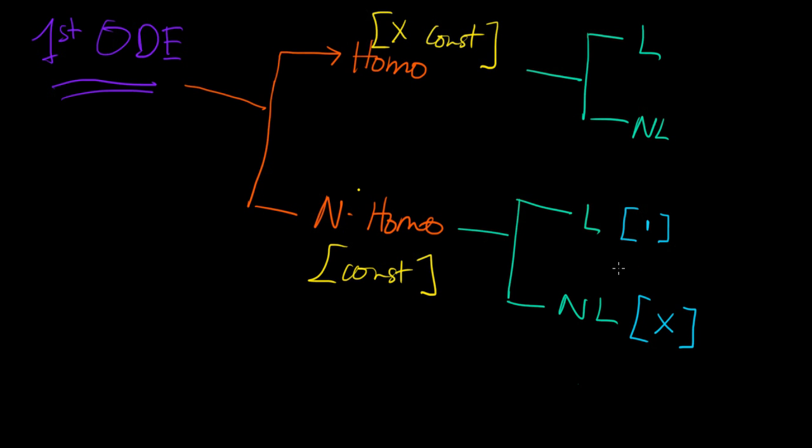Now let's look at homo linear. For homo linear, we call this method 2. And then for homo non-linear, we call it the Bernoulli method.